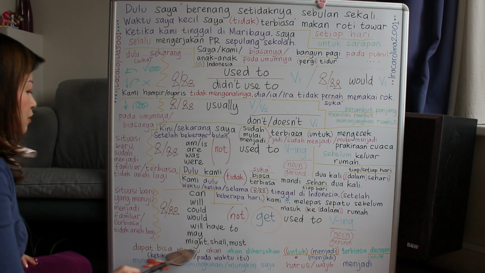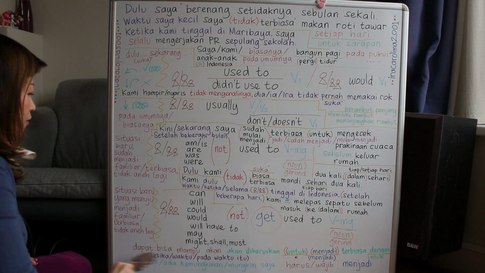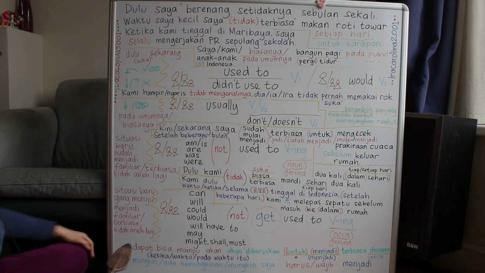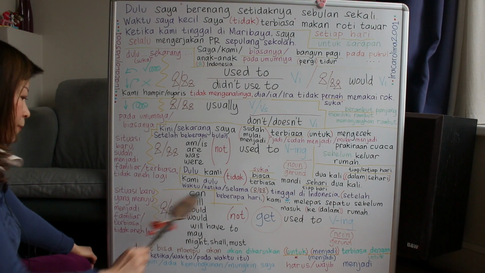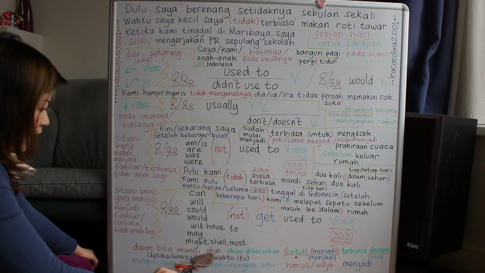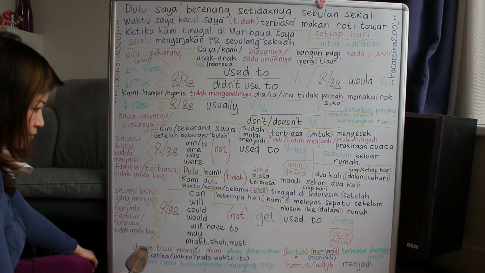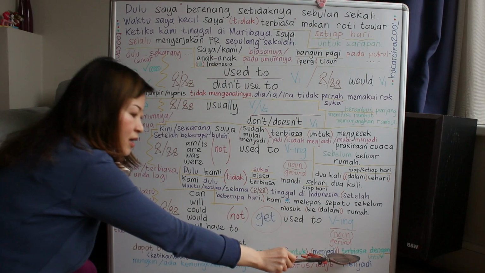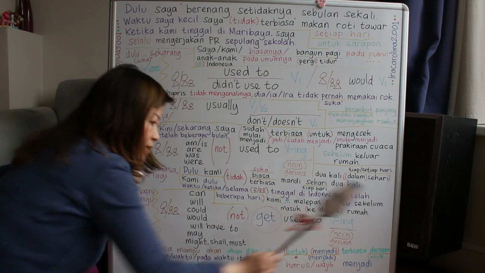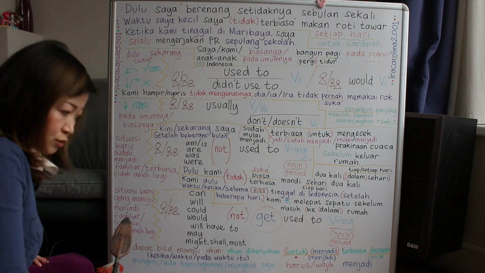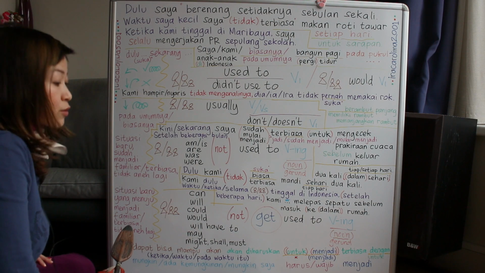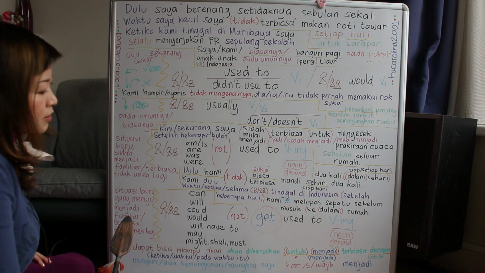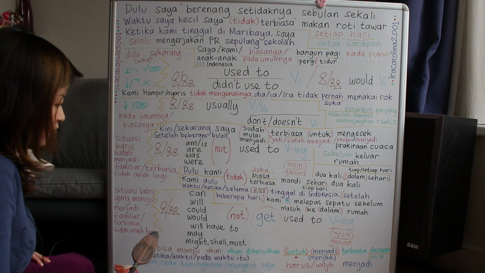So just choose which one from the can. If you want to say will, akan, and then terbiasa dengan, used to, even though dengan is with, if you translate the word itself.